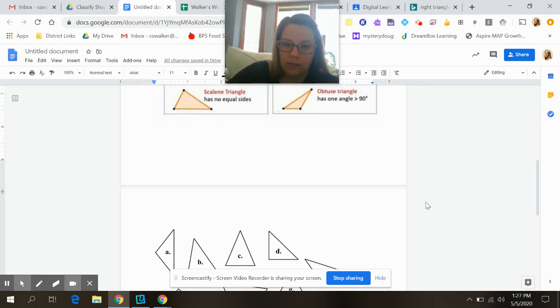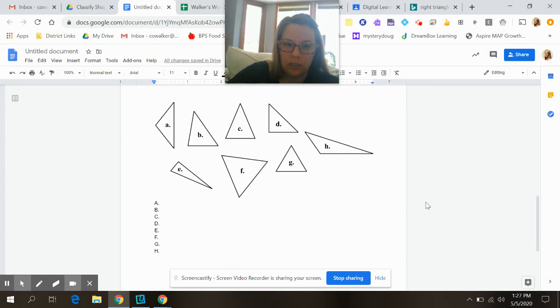So we're going to go down here and we're just going to look. These don't have any tick marks on them, but what do you think A is? Let's start with right, acute, and obtuse. Do you think A is right, acute, or obtuse? It is a right triangle because this angle right here would be right.